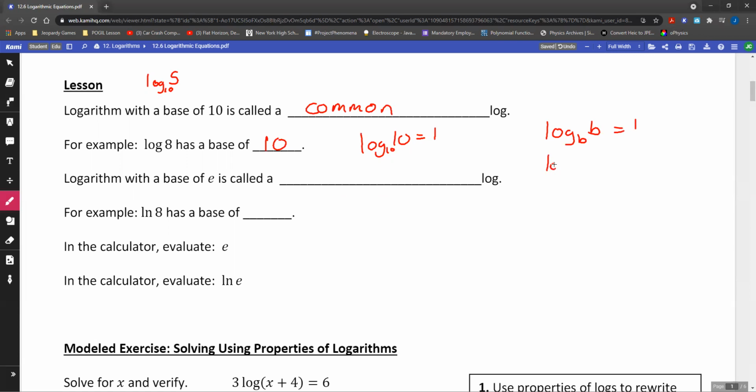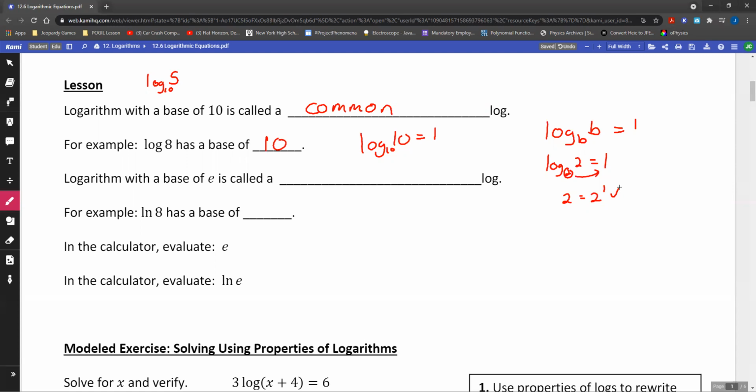So if we had log base 2 of 2, that's equal to 1. And we could see that by rewriting this into an exponential, that it makes sense. Moving the base 2 over, we get 2 equals 2 to 1.